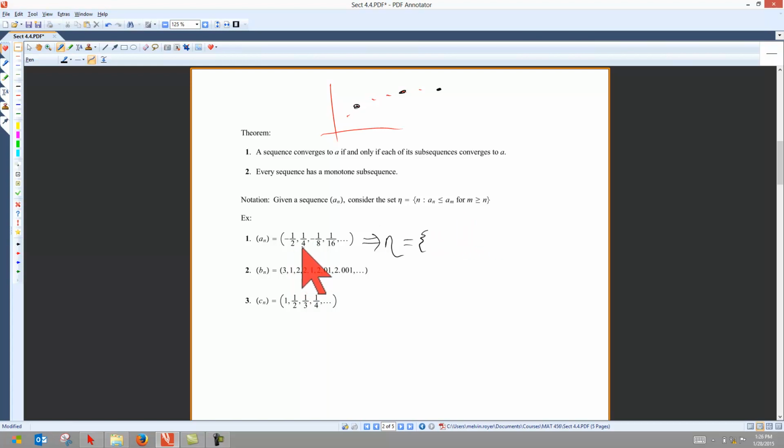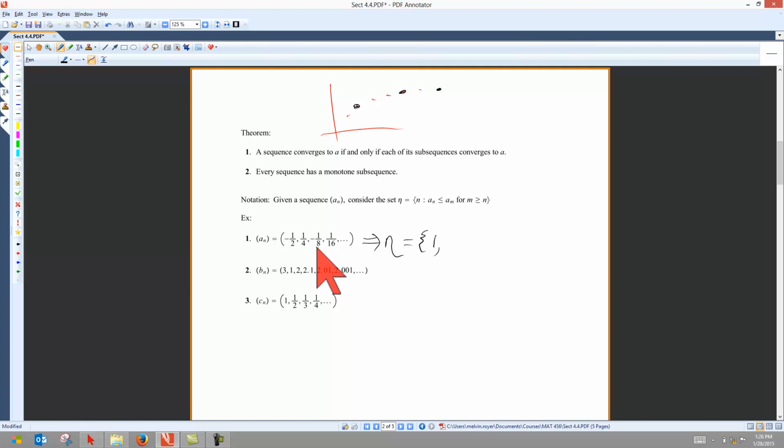And this is the sequence -1/2, +1/4, -1/8, +1/16. Yeah, -1/2 is the smallest element that will ever be in this sequence. It's the first term, and so 1 goes in this set. How about 2? Is 1/4 the smallest thing that I'll ever see from here forward? No, the very next term is -1/8, which is less than that. So 2 is not in there.